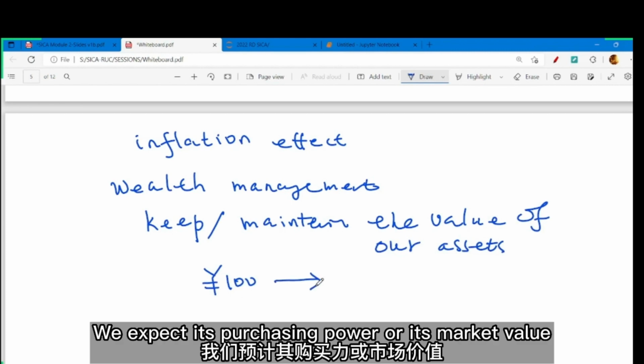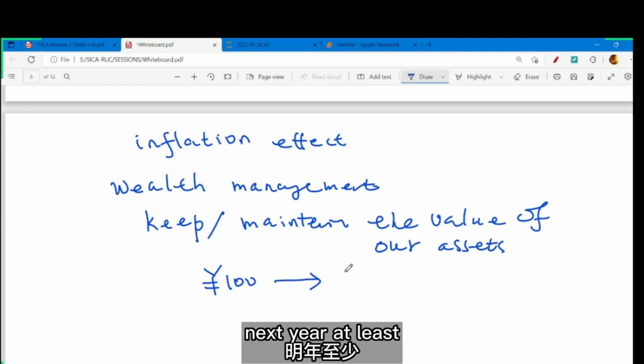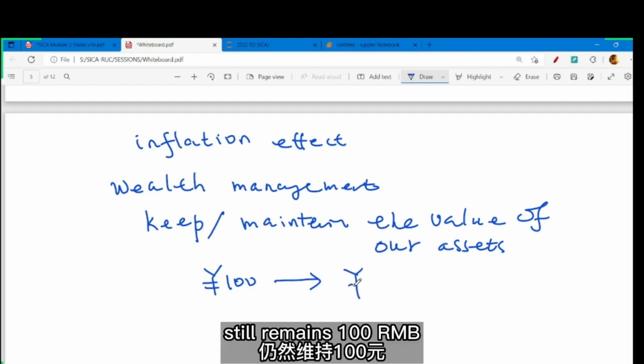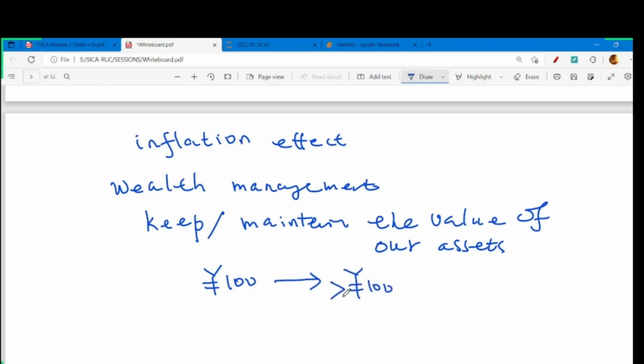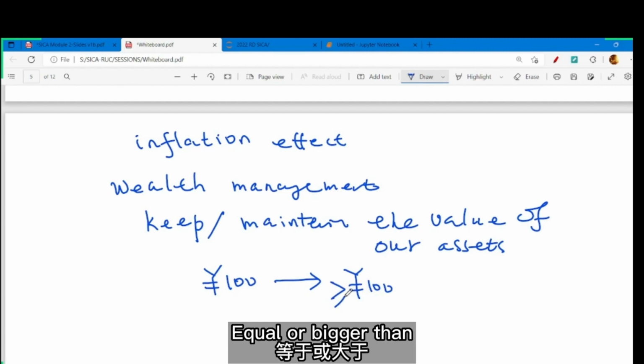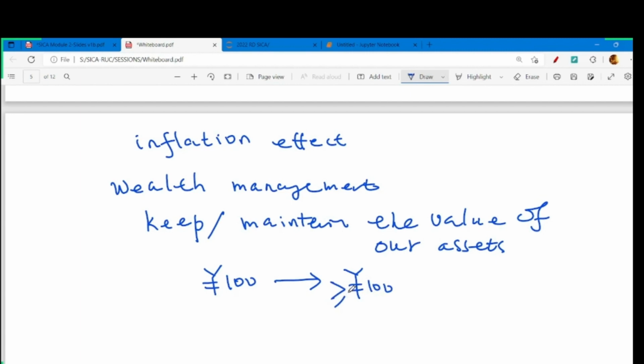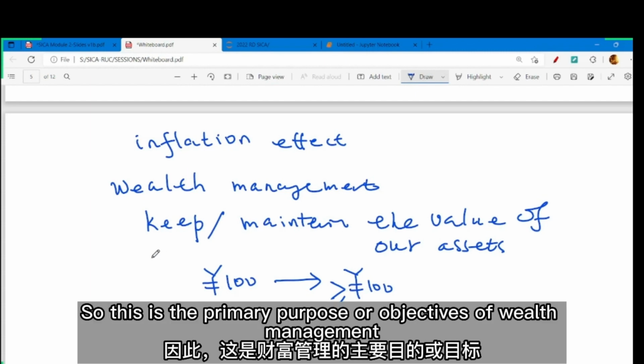We expect its purchasing power or market value next year to at least remain 100 RMB, equal or bigger, right? So this is the primary objective of wealth management.